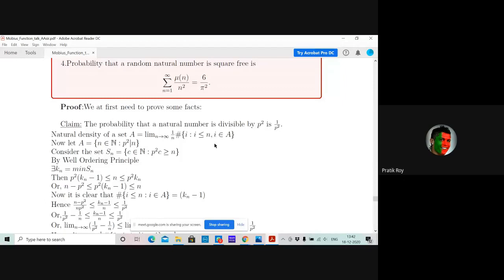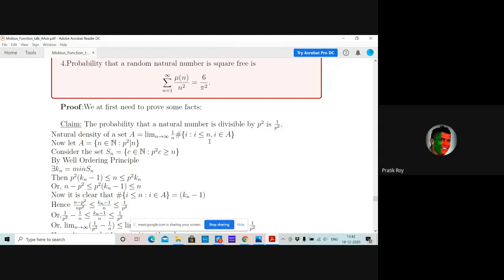At first, I have defined a concept called the natural density of a set. What natural density does is extend the naive definition of probability, that is, if every element is equiprobable, what is the probability that I can pick an element from a particular finite set.